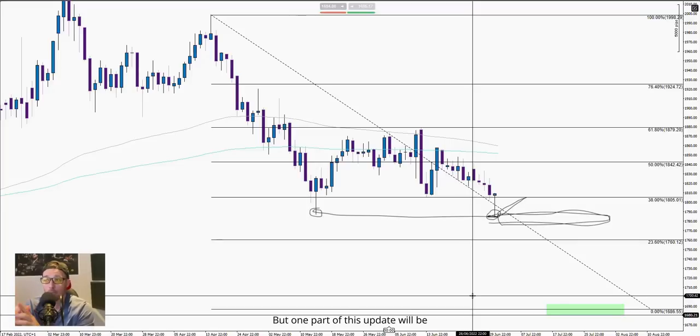But one of the parts of this update will also be the scale in and the scale out of a trade. So a trade like this typically will be with two pendings, one on top of the box and one on the lower end of the box. Depending on how we tackle it, the entry of the box will probably be smaller.